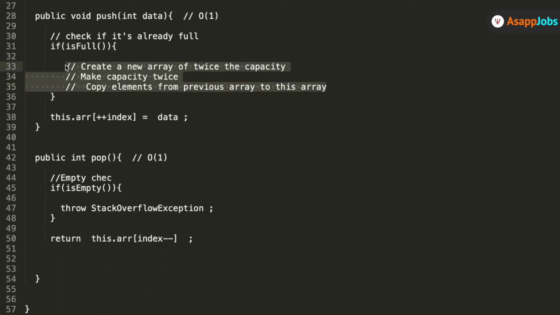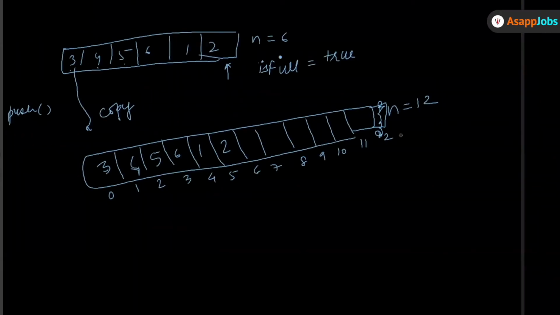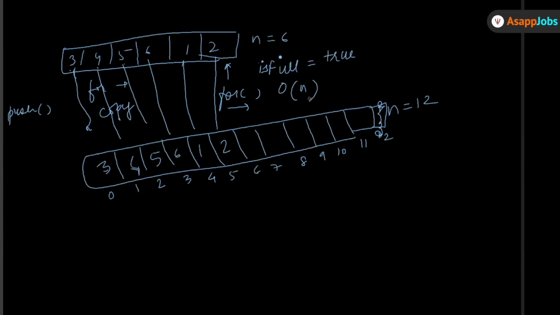Order of N. Yes, it is obvious, right? First of all, you need to have an extra space, and then one after another, you have to iterate the previous array and put each element into the new array. So this will take a linear for loop, where each and every element has to go: 3 will go here, then 4 will come here, 5 will come here. It will need one for loop. So that is why the time complexity of this operation will be O(n).